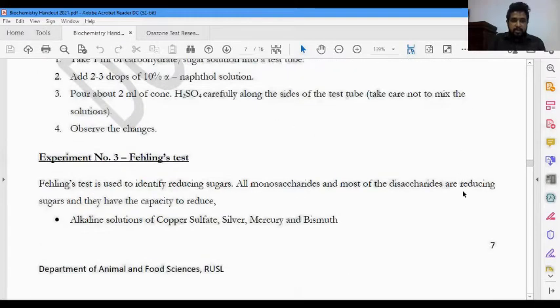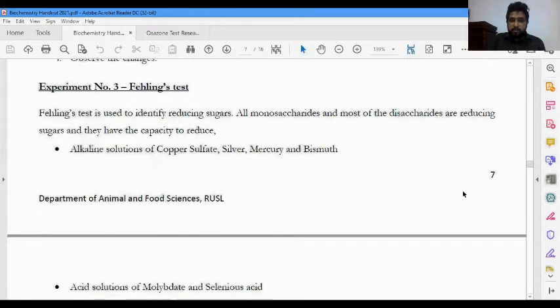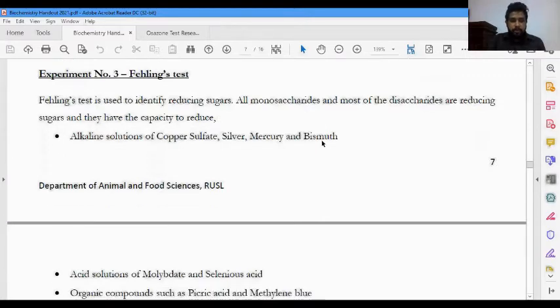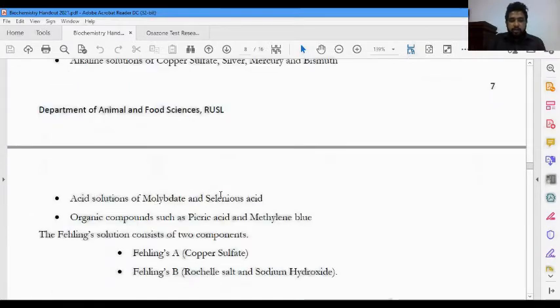So as the third experiment, I will discuss Fehling's test. Fehling's test is used to identify reducing sugars. All monosaccharides and most of the disaccharides are reducing sugars, and they have the capacity to reduce alkaline solutions of copper sulfate, silver, mercury, bismuth, acid solutions of molybdate and selenium acid, and organic compounds such as picric acid and methylene blue.